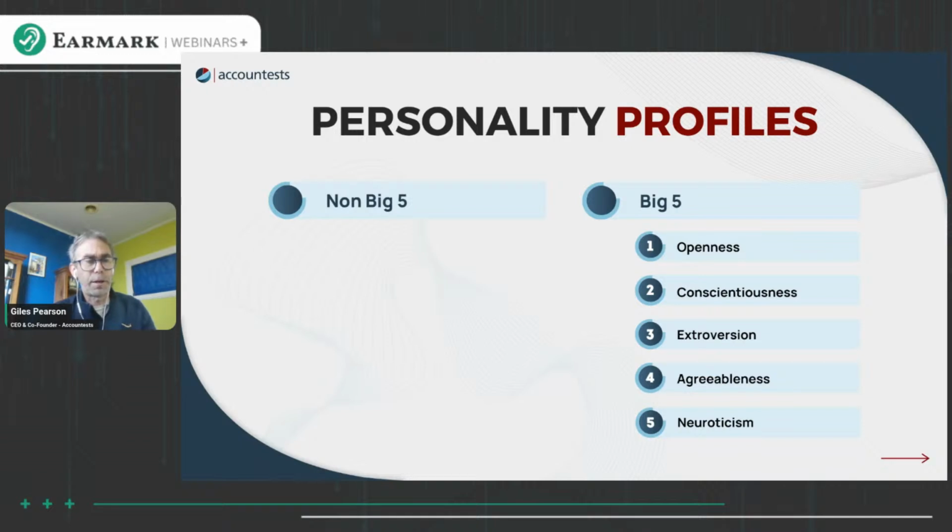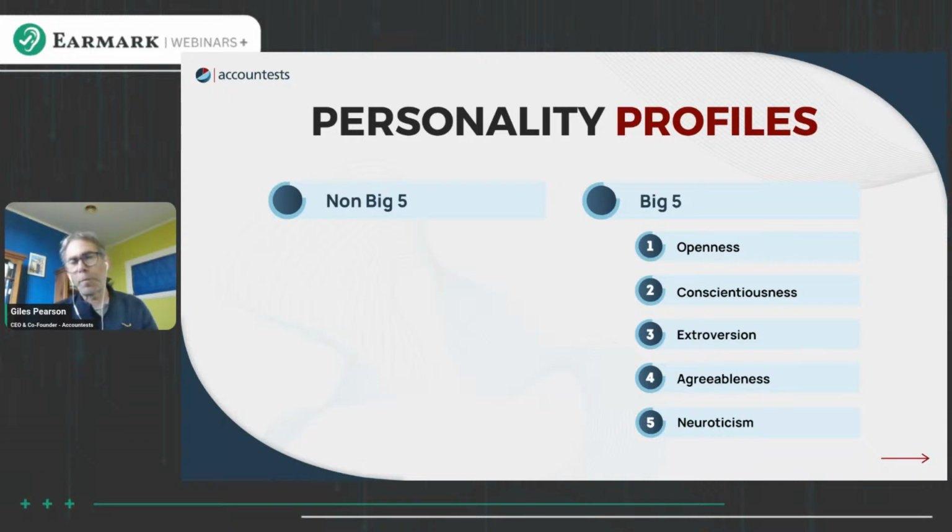Conscientiousness is about their organization, their productiveness, and their responsibility. Extroversion is around their sociability and assertiveness. Agreeableness is around their compassion, their respectfulness and trust. And then neuroticism is around their tendency to anxiety.